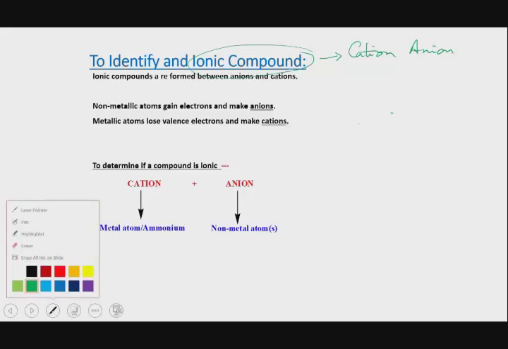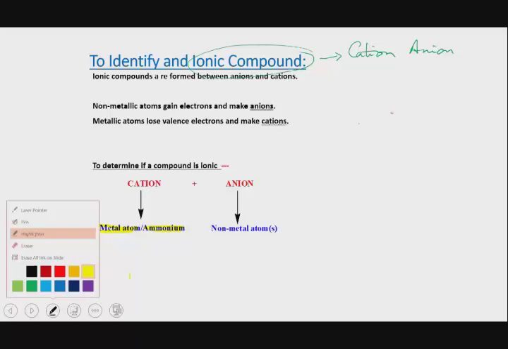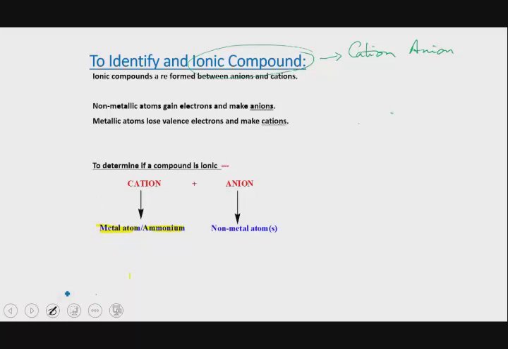Cations are easily figured out because cations will either be a metal atom or a polyatomic cation. And for now, the only polyatomic cation that you will come across is ammonium.